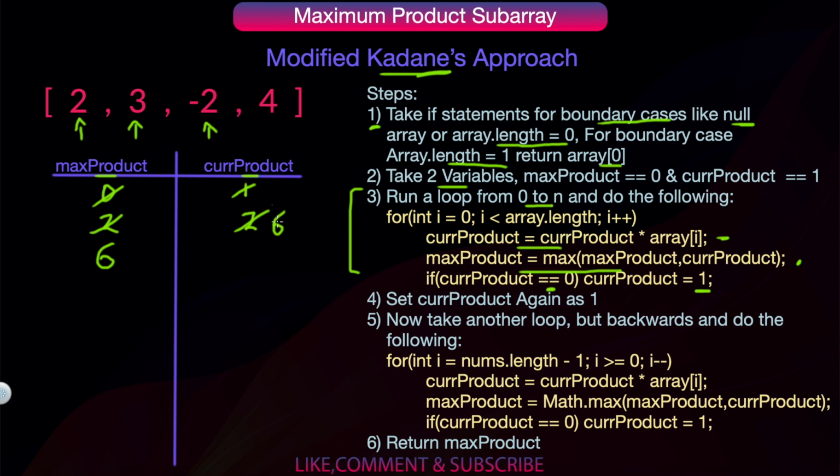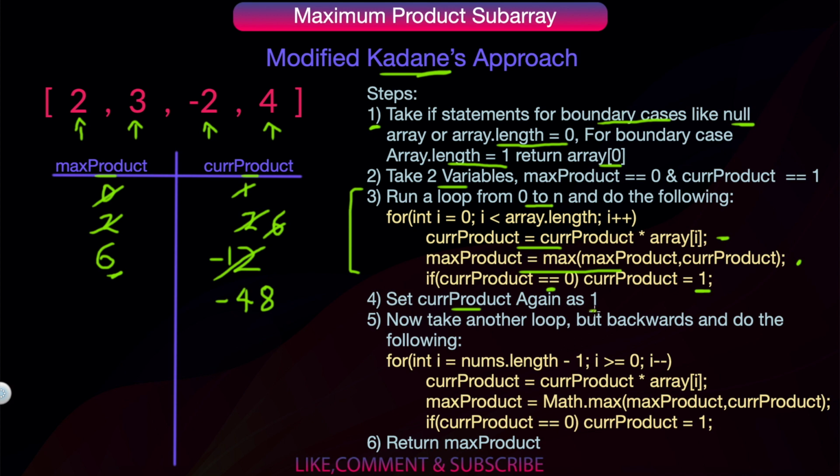Now at minus 2, 6 into minus 2, we get minus 12. Now 4, minus 12 into 4, minus 48. So we have our max element as 6 from our first loop.